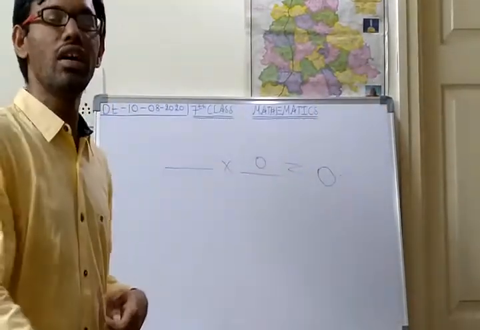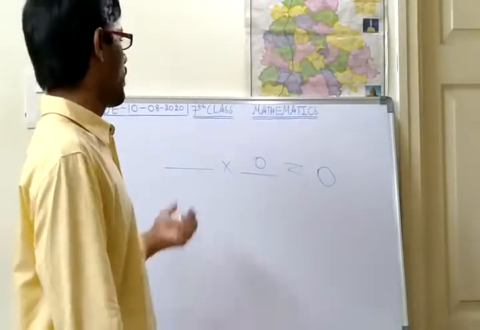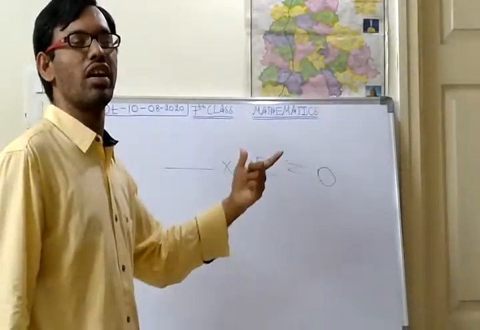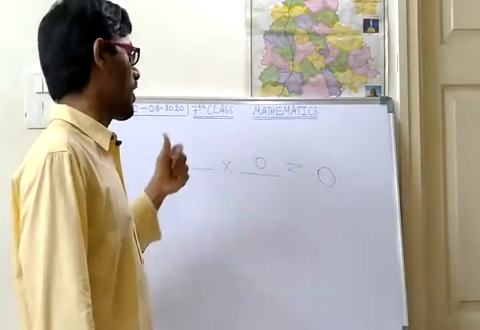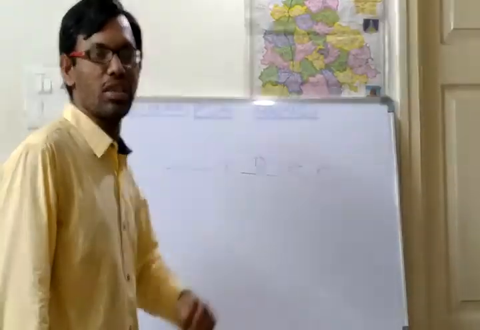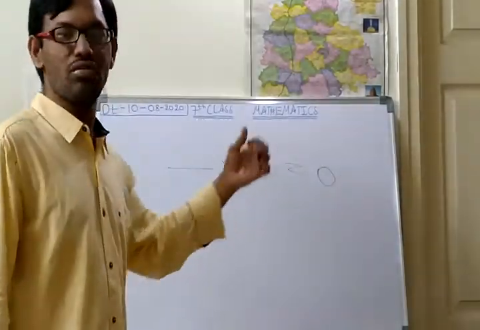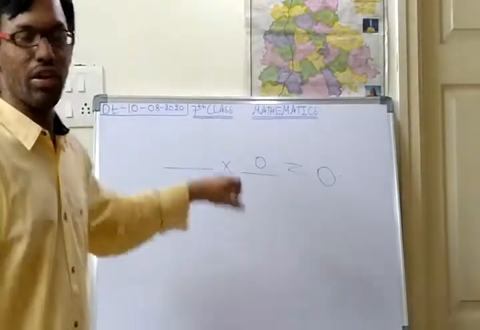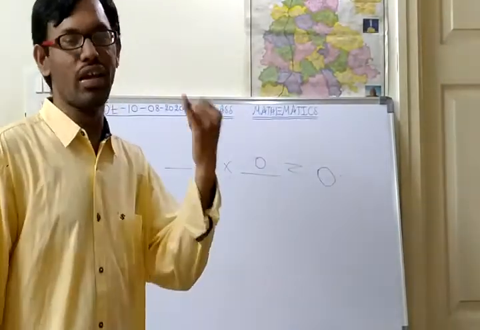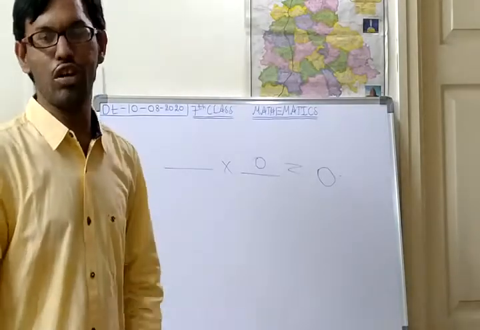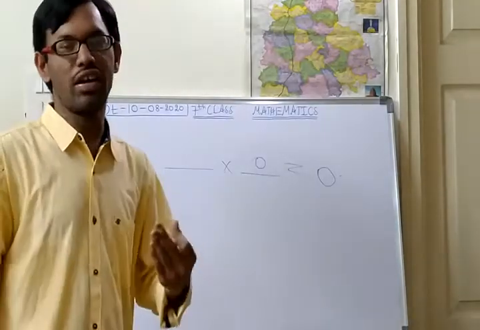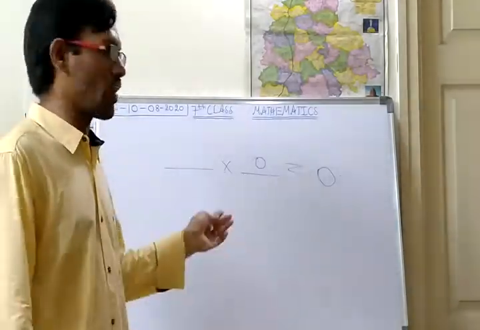The result should be zero only. If this is satisfied, then zero identity is also satisfied under multiplication. Along with this we have seen some previous properties, like closure property, associative property, commutative property, additive and multiplicative identity.